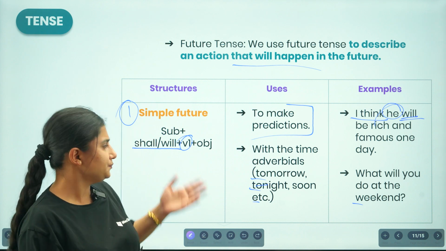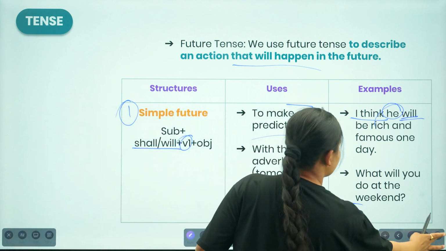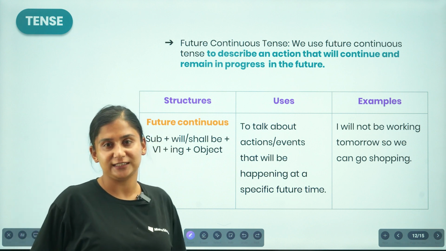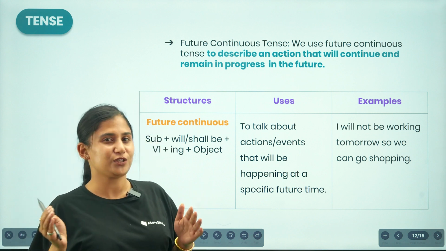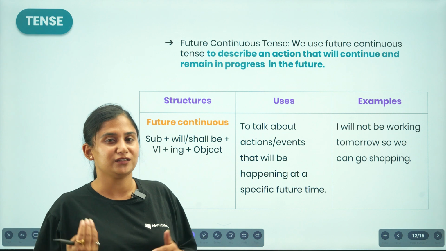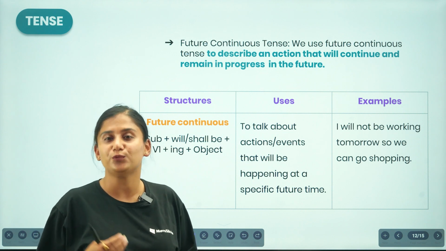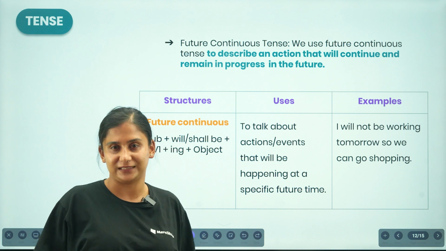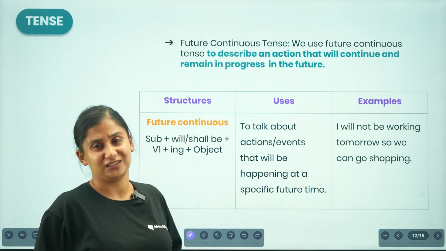Okay, so let us move to the next subtype, that is future continuous tense. Talking about the continuous tense, I guess you are much more familiar that the continuous tense is also known as the progressive tense. So don't get confused when people ask you what is progressive tense. It is what continuous tense is.